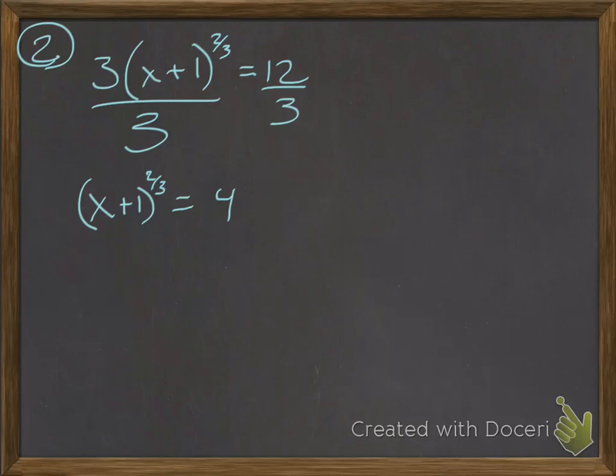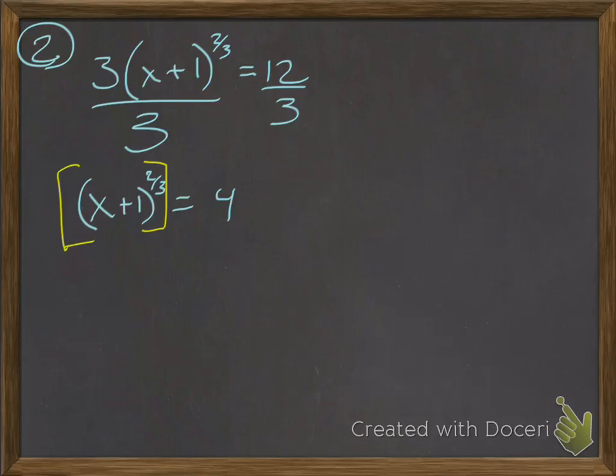Now, in order to get this exponent to become a 1, I'm going to have to multiply by its reciprocal, because any fraction multiplied by its reciprocal becomes 1. Well, in order to multiply that fraction with another fraction, I'm going to raise it to another power.